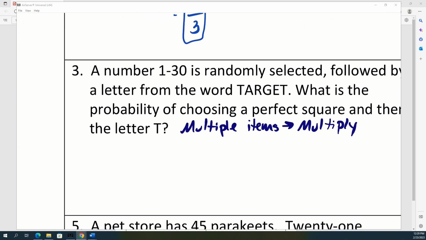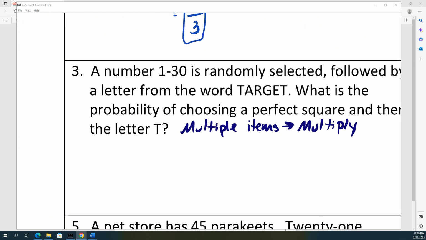All right, so I'm going to take a second and write down the numbers 1 through 30 over on the side.